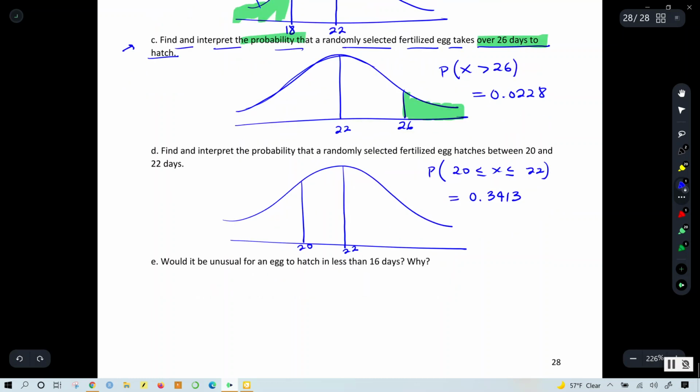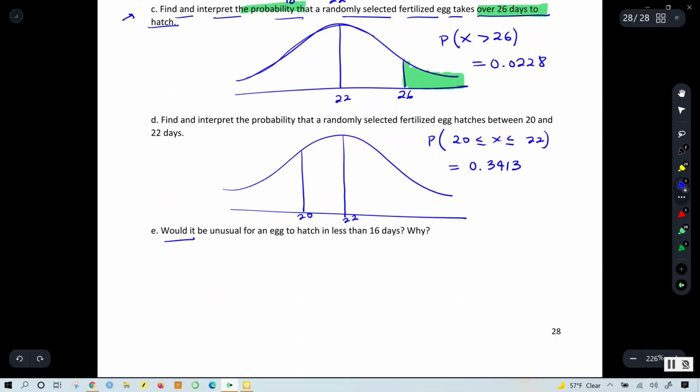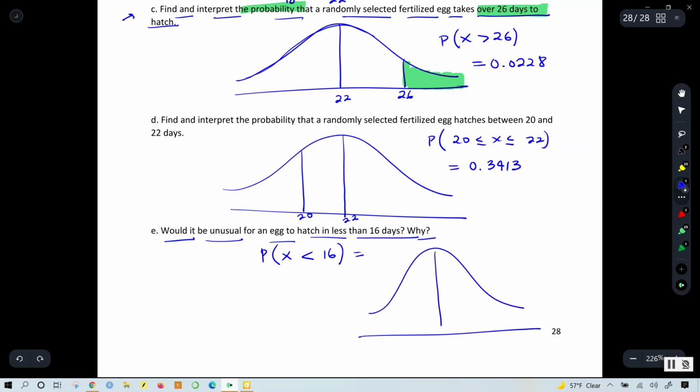Then, question E. Would it be unusual for an egg to hatch in less than 16 days? Why? I need to find the probability that it hatches in less than 16 days. Going back, you have your 22, we have 16, and we want to find the area for less than 16 days.